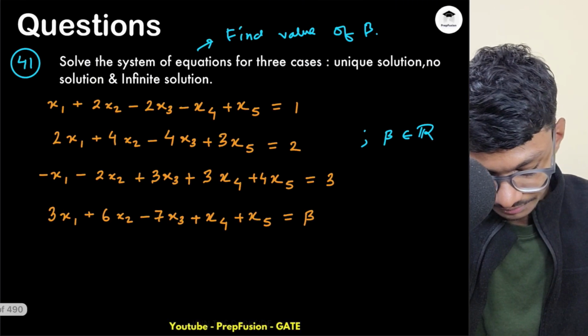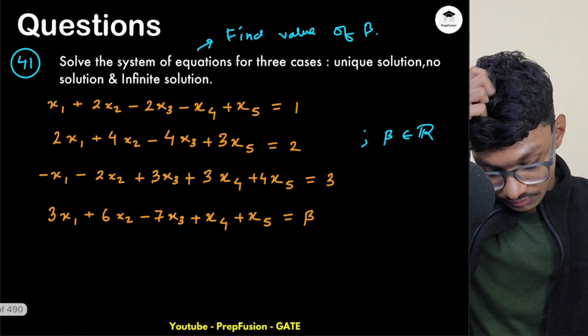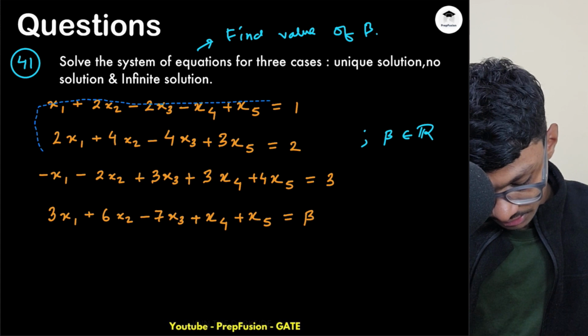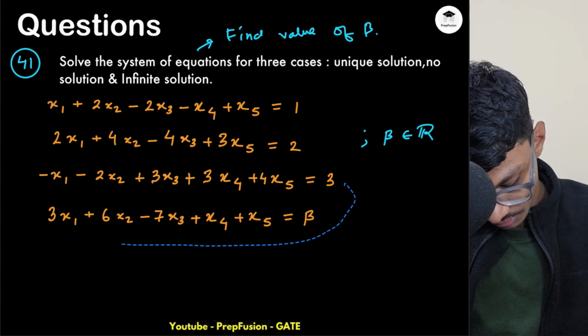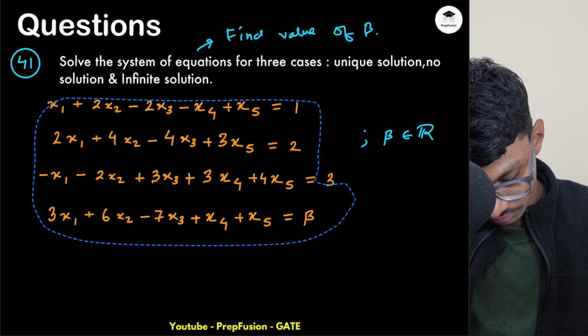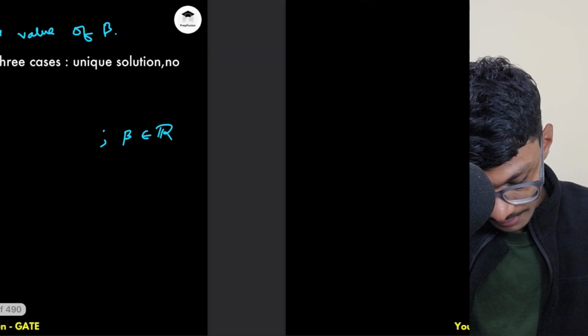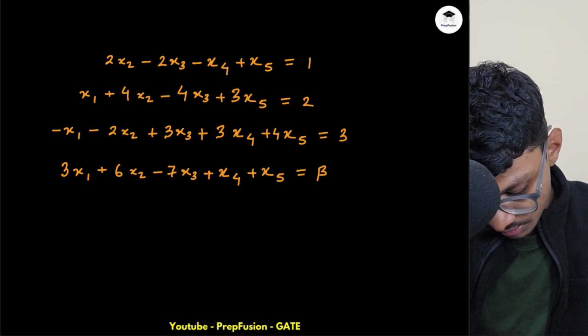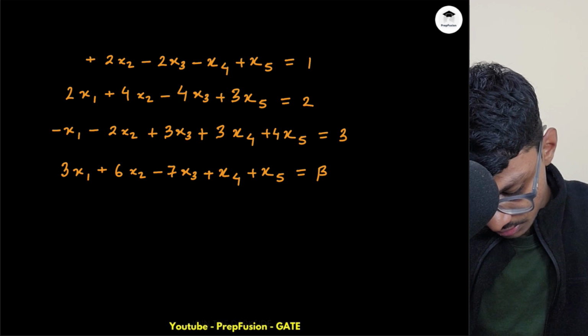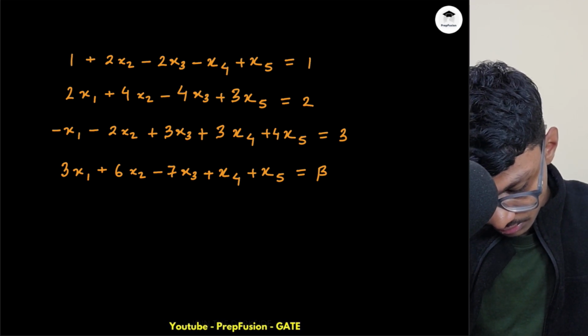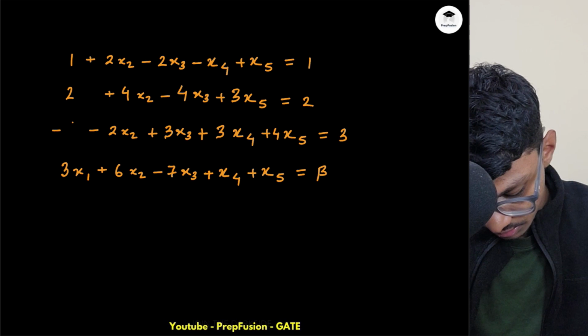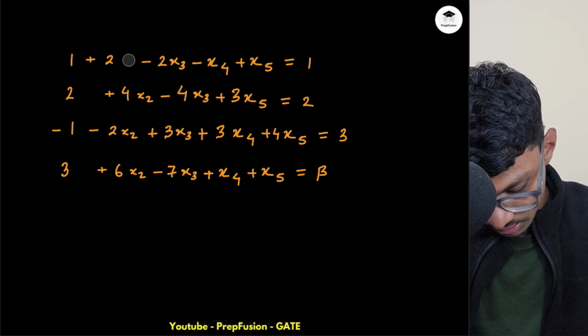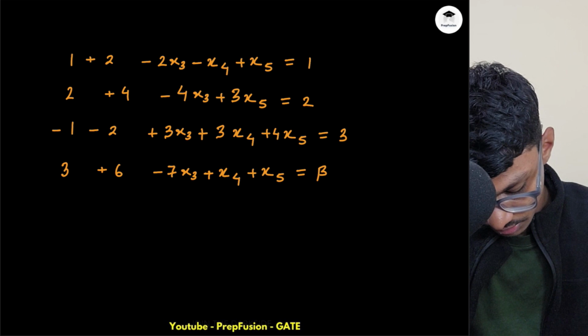So what I can do is simply copy this thing. This will be 1, this will be 2, this will be 1, this will be 3, this will be 2, this will be 2, x3.